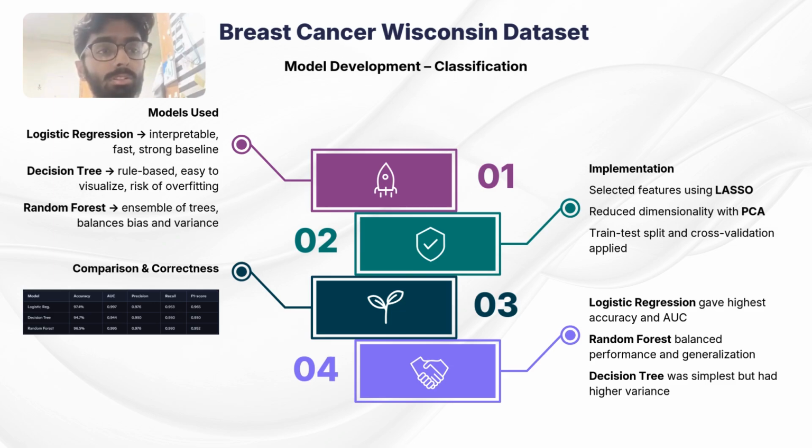Random forest also gave reliable results and was more robust than the decision tree. The decision tree was the simplest model, but it tended to overfit, meaning it performed well on training data but not as well on new data. Overall, logistic regression proved to be the most reliable choice due to its balance of accuracy, simplicity, and interpretability.